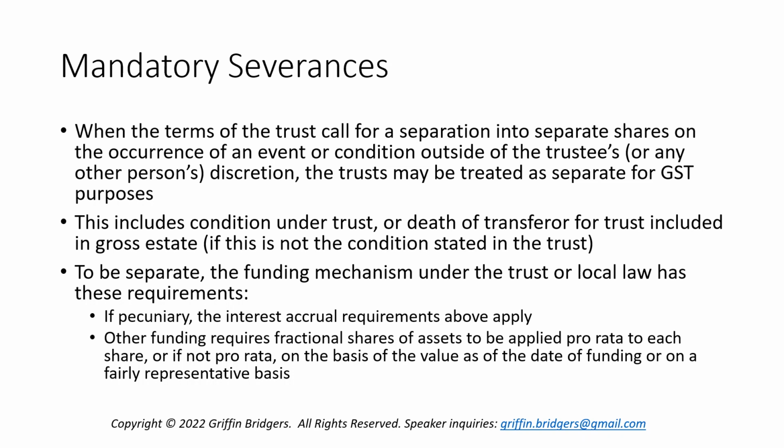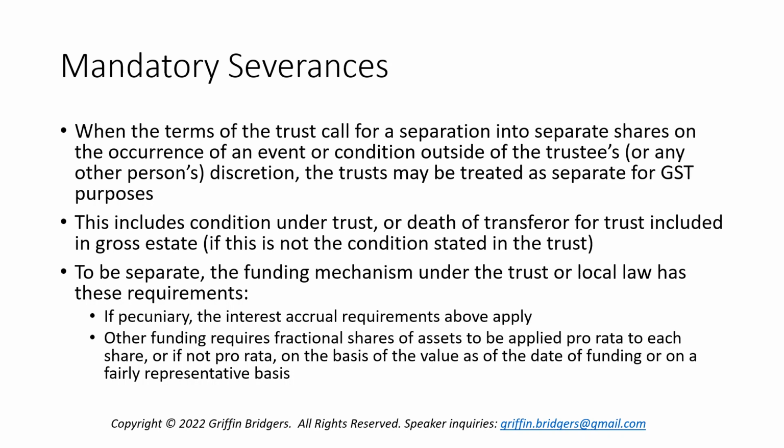So for mandatory severances, in order to be separate, there has to be a funding mechanism under the trust or local law that meets these requirements. One, if you have a funding formula that has a pecuniary allocation to a subtrust, then we go back to those interest accrual and valuation or fairly representative pieces that we looked at on the last slide.